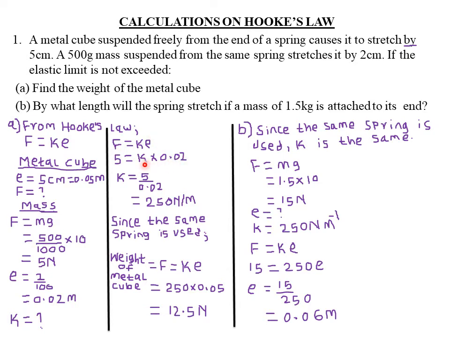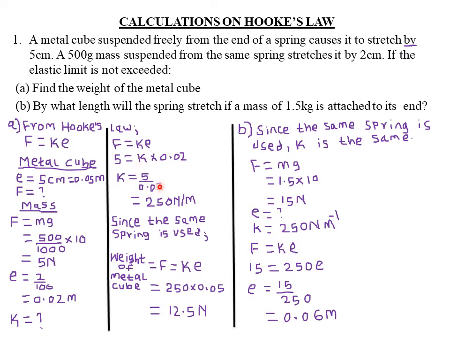If I try to make K, the spring constant, the subject of my formula, then I will divide both sides by 0.02. The 0.02 divided by 0.02 will cancel out, so that you remain with 1 times K, which is K. On the other side, I remain with 5 divided by 0.02. So K will be equal to 5 divided by 0.02.